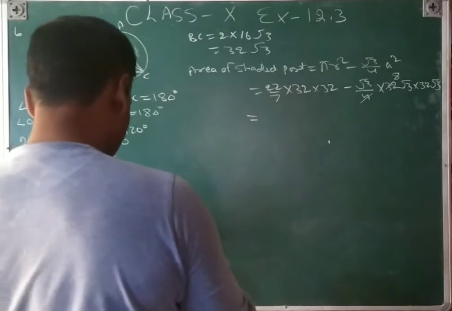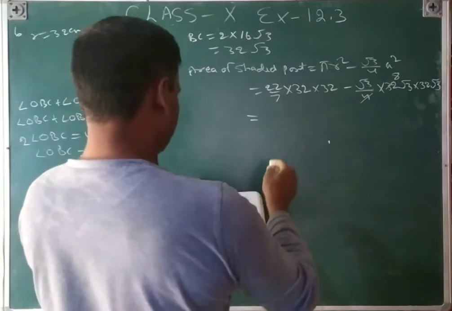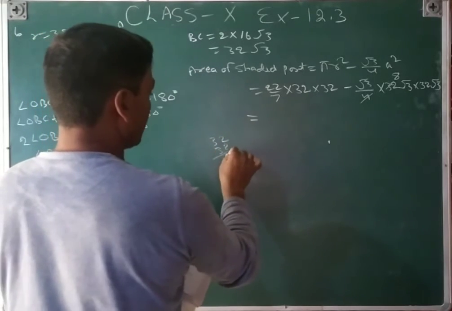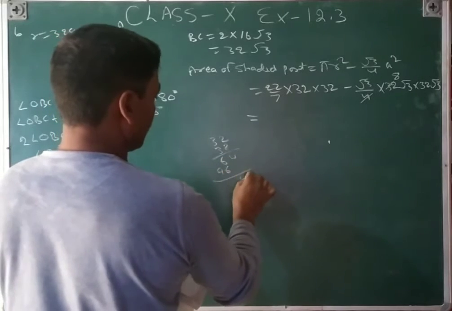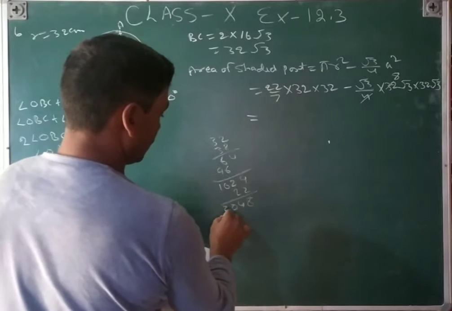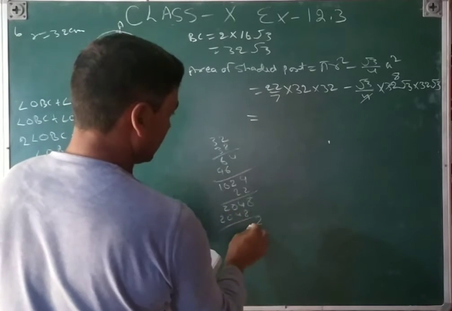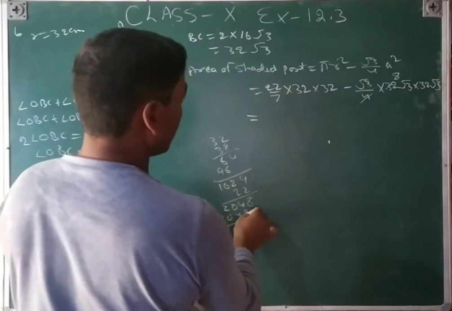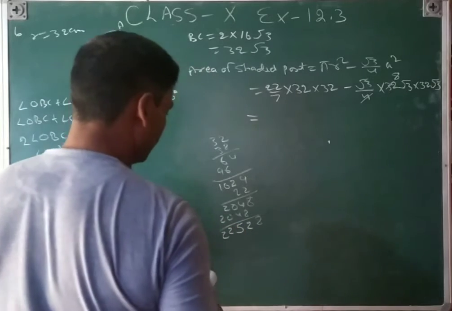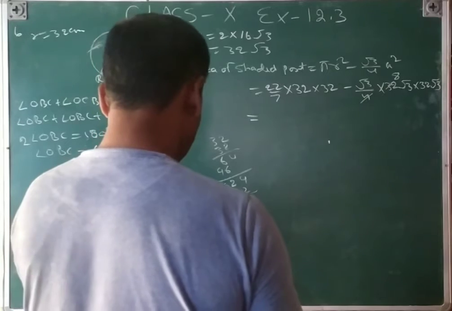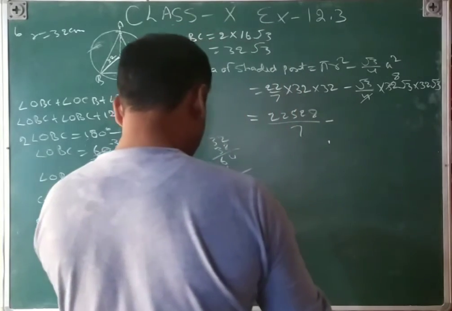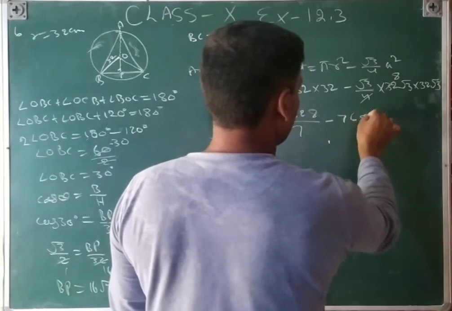Now we will multiply all these things. 32 multiplied by 32, then multiplying out, we get 22528 upon 7 minus that multiplied will be 768 under root 3.